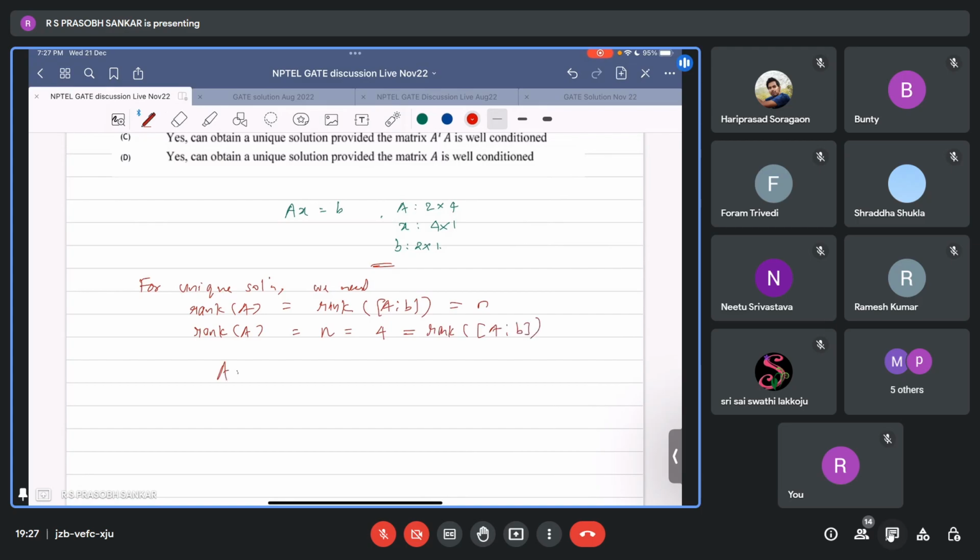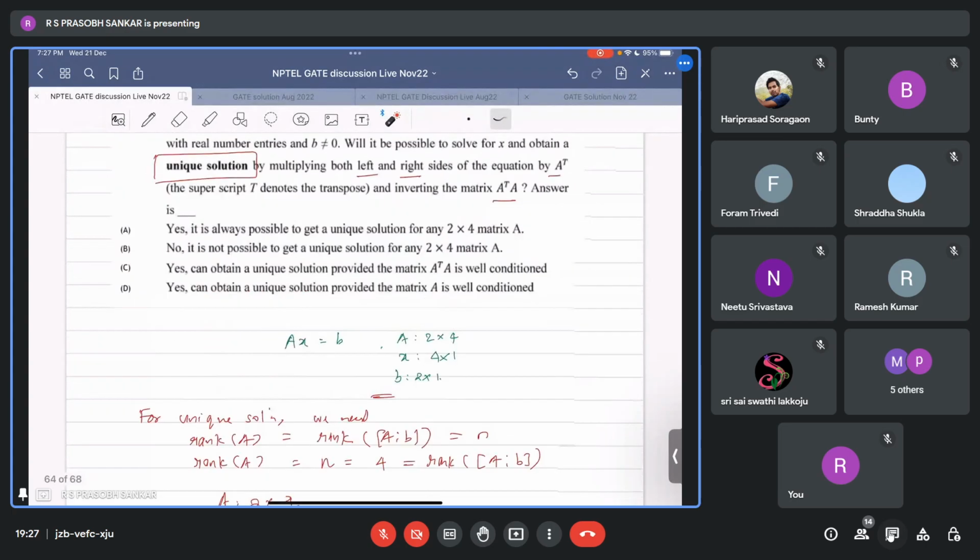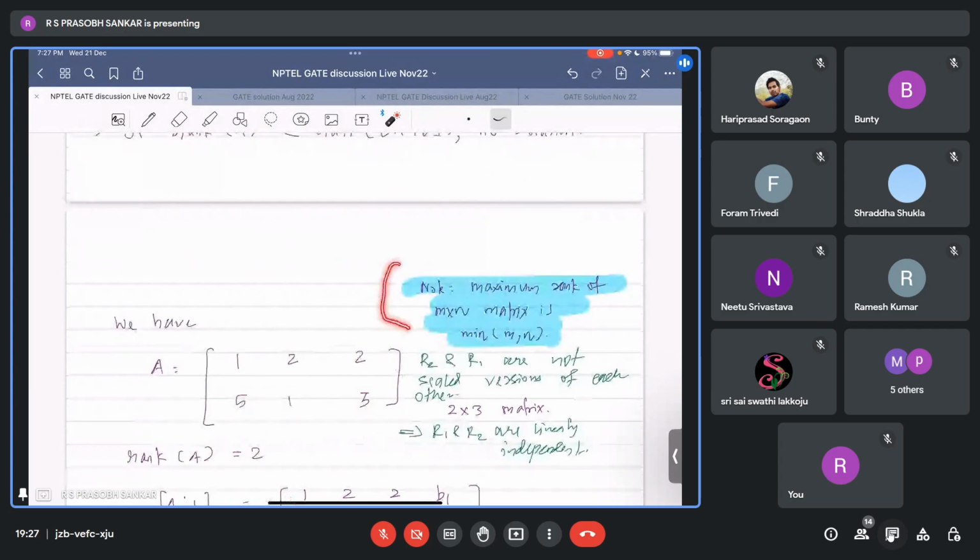Now what is A? A is 2 cross 4, so the maximum rank of A is 2. Why is that so? Because, as we discussed just now, if the matrix is m cross n, the maximum rank is min of m comma n.